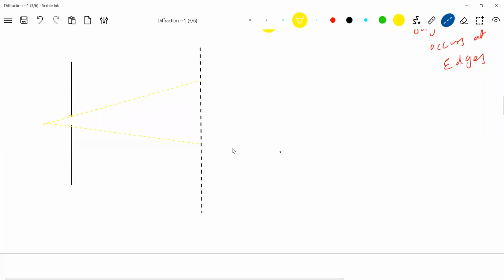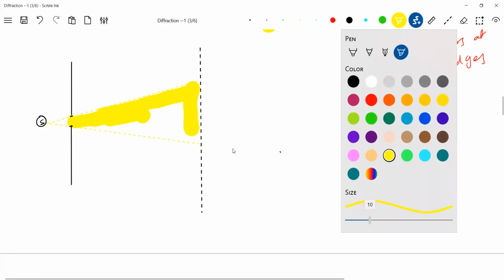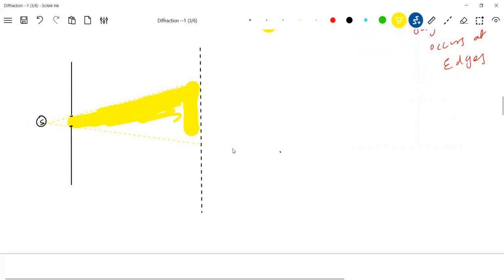So we expect light only in this region, no? Here I kept a source. I'll put a boundary. So the light that passes through that slit, we'll expect here. So where can we see brightness? Everything should be bright, according to what we know, ray optics. We just say that everything here should be bright, and the remaining everything should be dark.